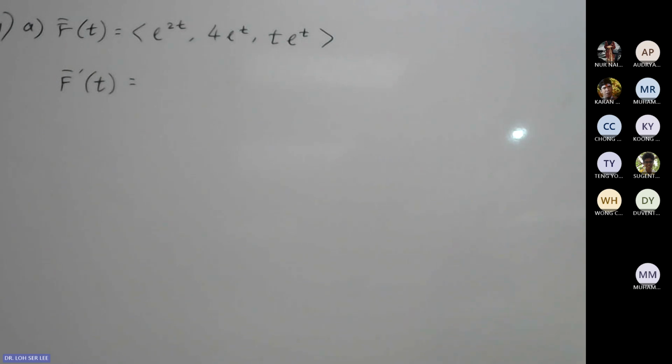For question number 1, we just compute for f prime. This one you need the product rule.